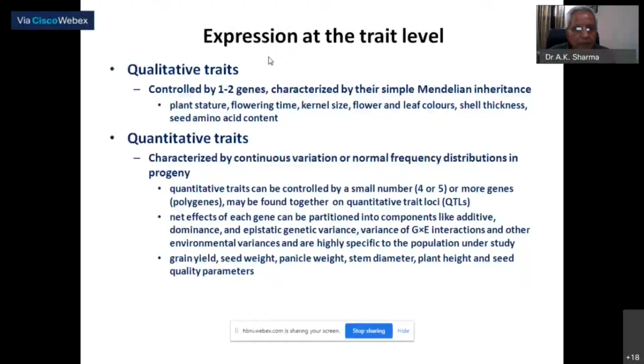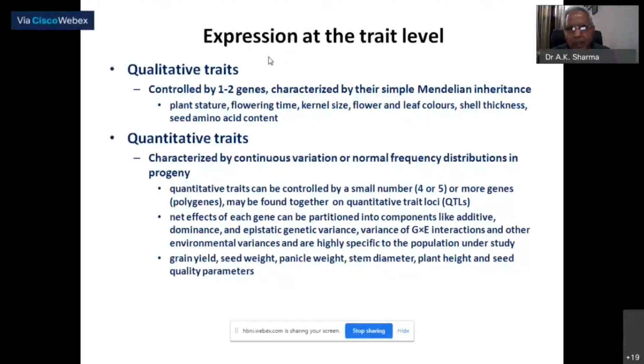Sometimes traits are so complex that it's very difficult for breeders to know, and it is very difficult to even get real changes in the plant material after mutation. So you have to do several backcrosses to get these quantitative traits. They are characterized by continuous variation or a normal frequency distribution in the progeny.